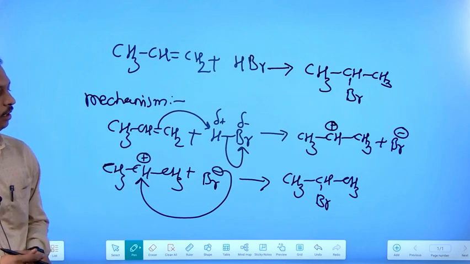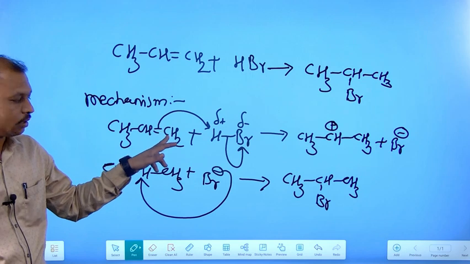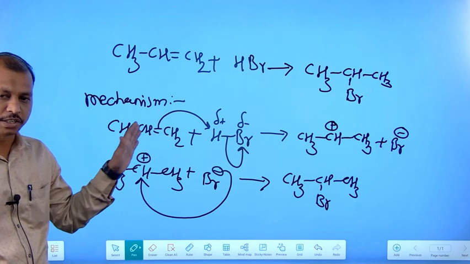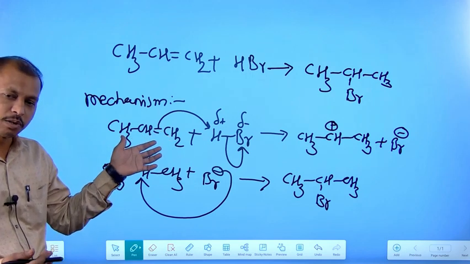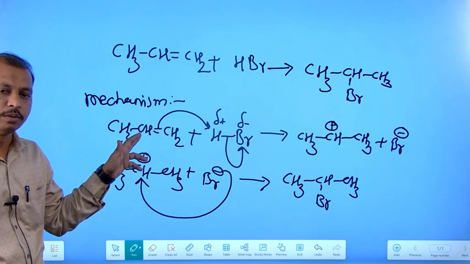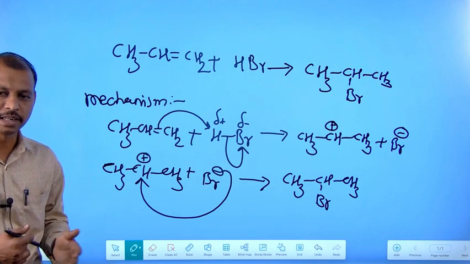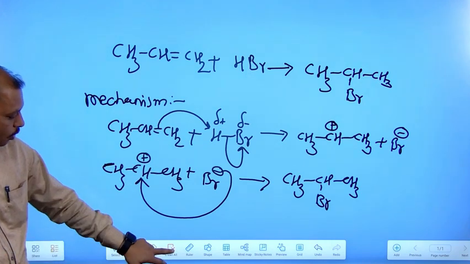We can see that hydrogen is added on the terminal carbon in that reaction, but there is another possibility: hydrogen may be added on the middle carbon, and the carbocation is generated on the terminal carbon. So what happens in that case?